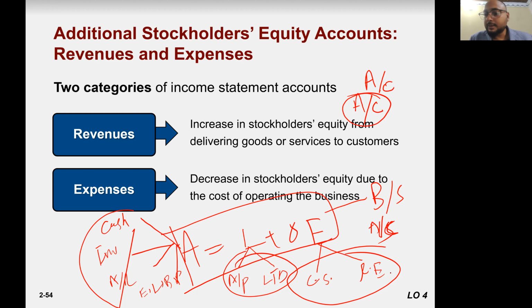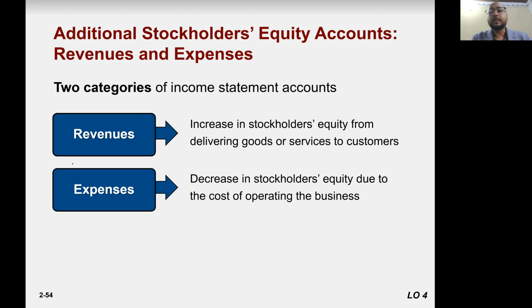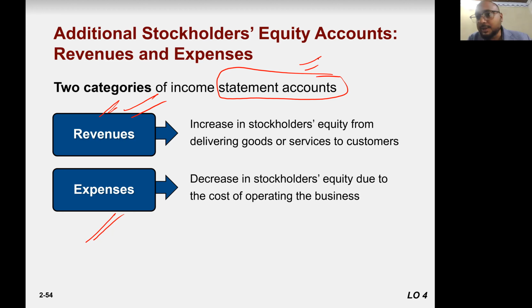But here, revenues and expenses belong to the income statement. So revenue accounts and expense accounts are called income statement accounts because their balances directly go to the income statement. Right? Cash balance goes to the balance sheet under assets.